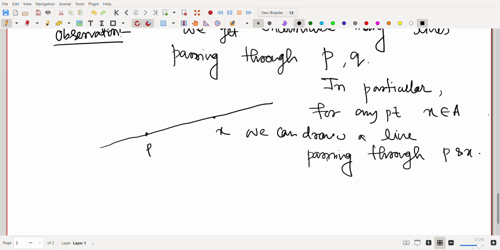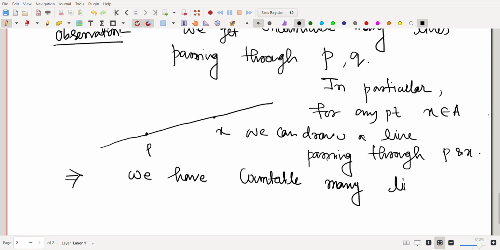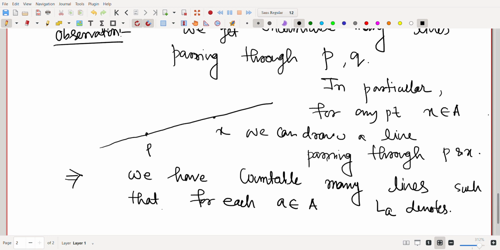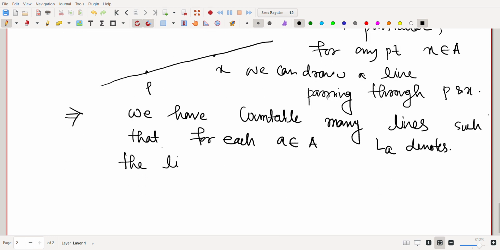So this will imply that we have countably many lines, because A is countable, such that for each a belonging to A, L_a denotes the line, say L_(a,P), passing through a and P, right?